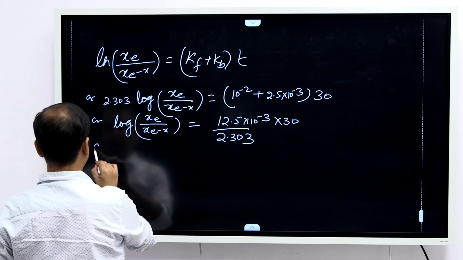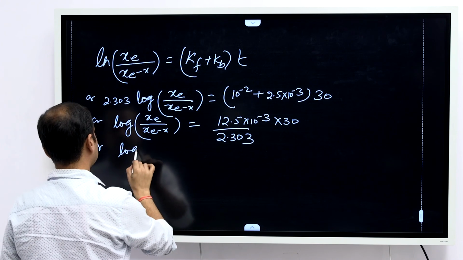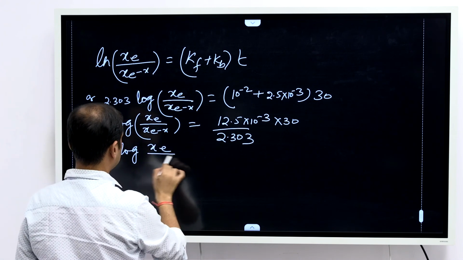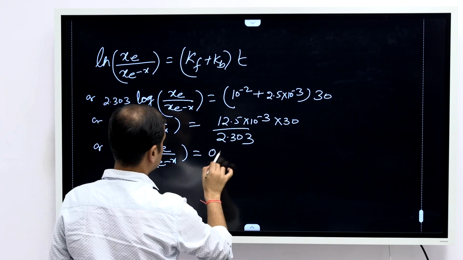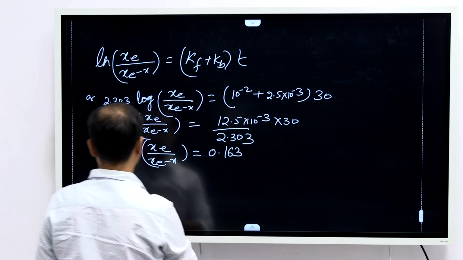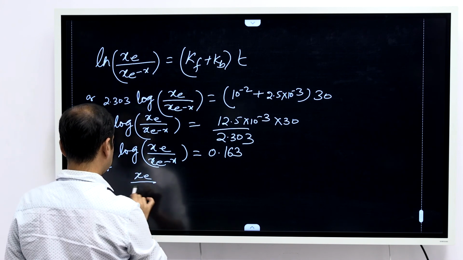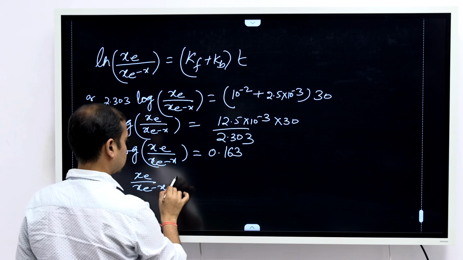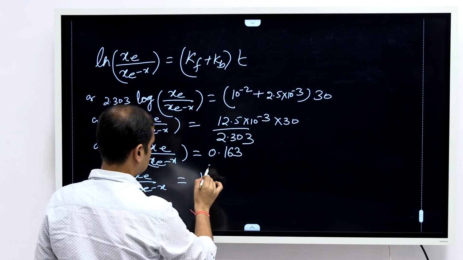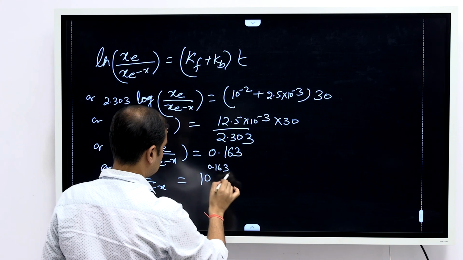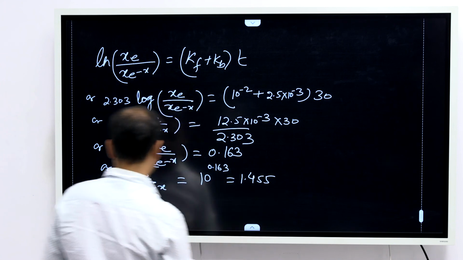So after simplification we get this quantity: log of Xe upon (Xe minus X) is equal to 0.163. So Xe upon (Xe minus X) is equal to 10 to the power 0.163, which is equal to 1.455.